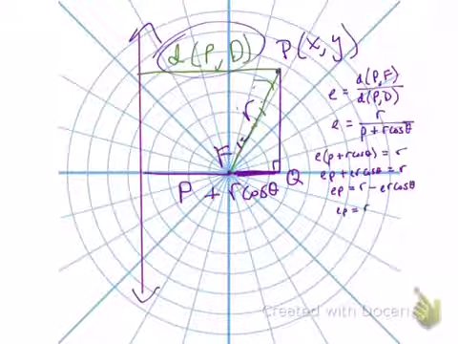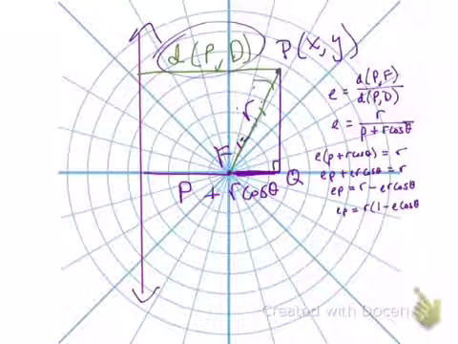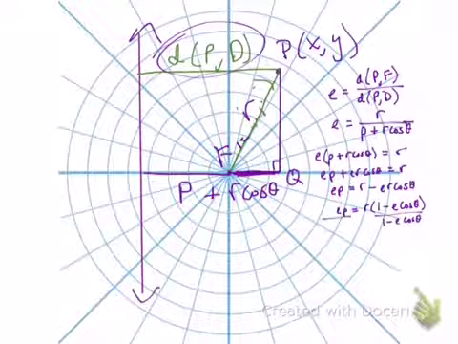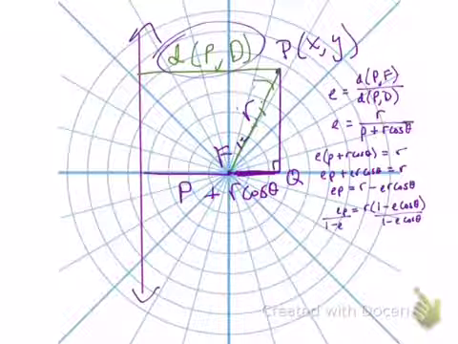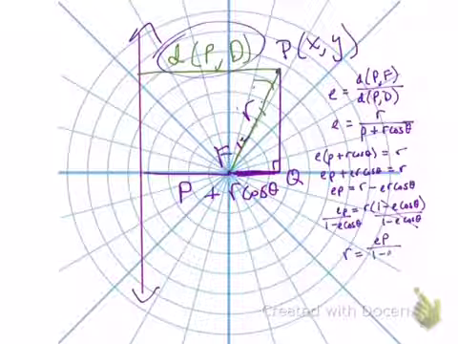And I'll factor out the r's. That's why I brought it over to the other side. And get 1 minus e cosine theta. And then finally I divide by that 1 minus e cosine theta on both sides. And so what I'm left with is something solved for r. So our final equation here, r equals ep over 1 minus e cosine theta.